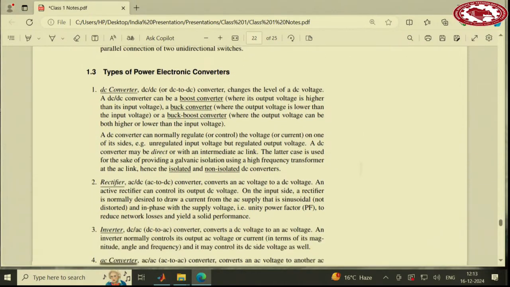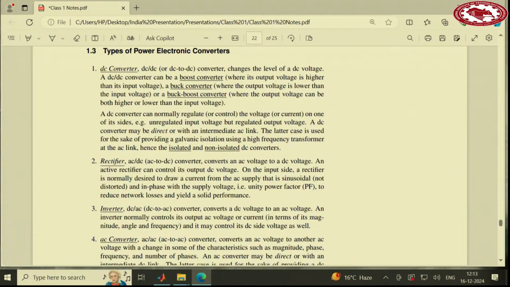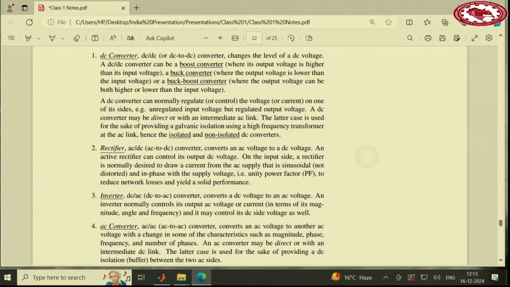Okay, so types of power converters. Basically, I mentioned 4, and it's based on whether it's DC on one side or on the other side or AC. So DC-DC converters: both sides of the converter are DC.